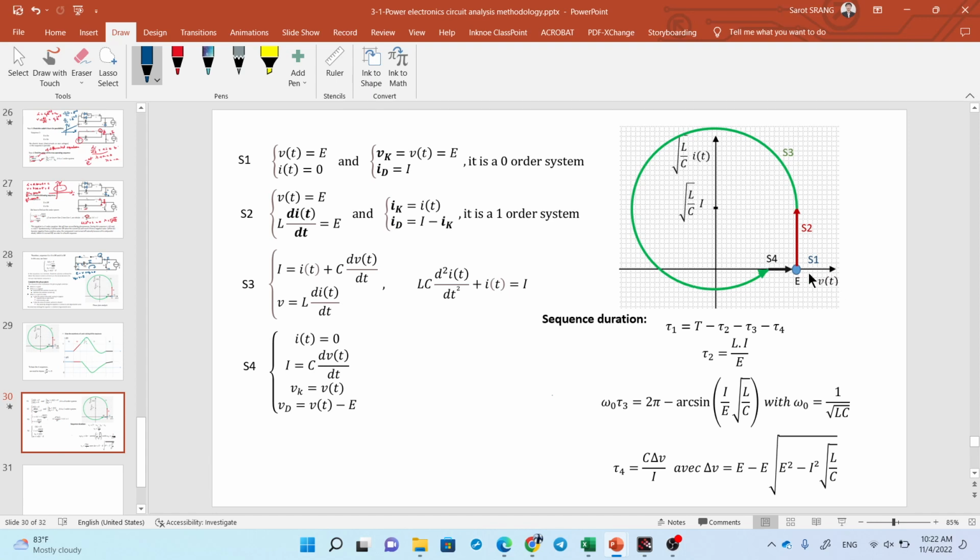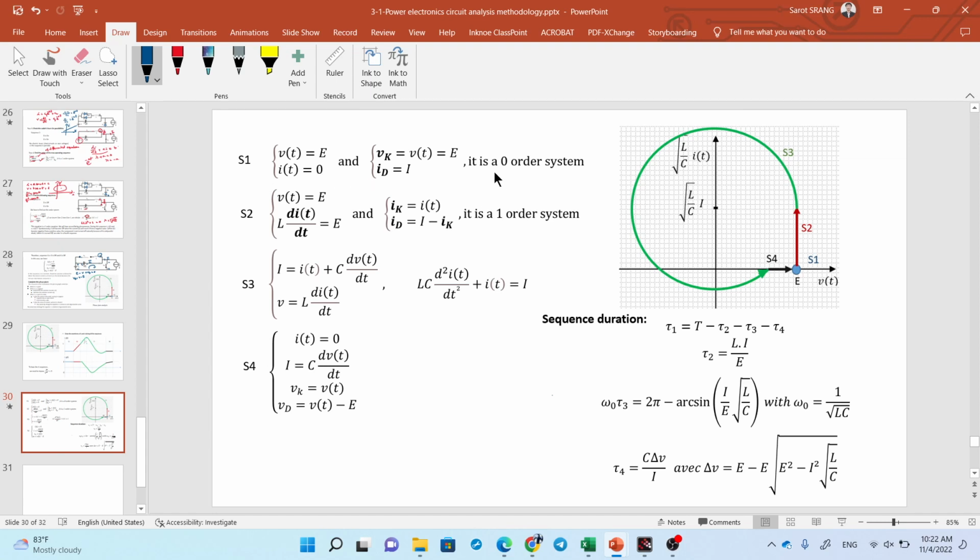Here the horizontal axis is the voltage of the capacitor, and the vertical axis is a scaled I. Not really I, but I times square root of L over C, just to scale it such that an ellipse becomes a circle. We have 4 sequences, 1 up to 4.